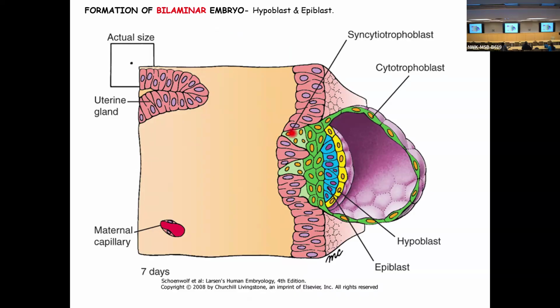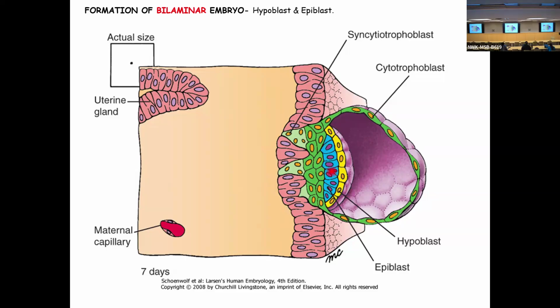So we have the trophectoderm that, if you remember, I told you plays a crucial role in the invasion of the embryo into the uterus, and the inner cell mass, which was going to give rise to the entire embryo, becomes a two-layered embryo.